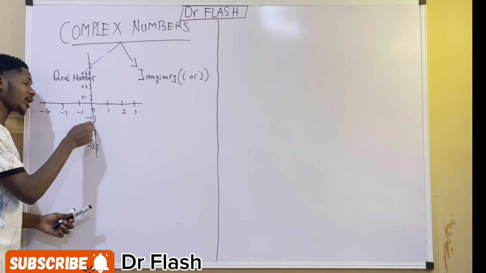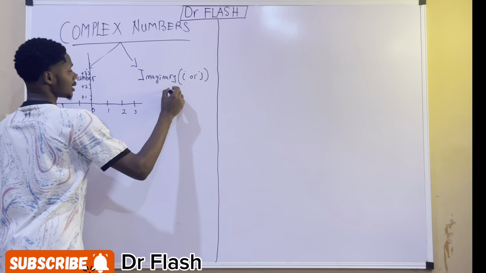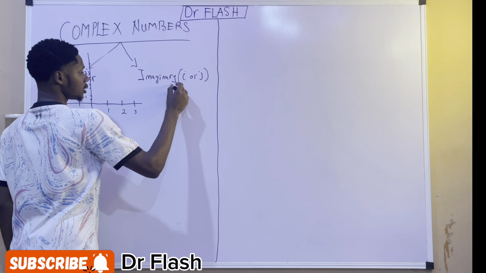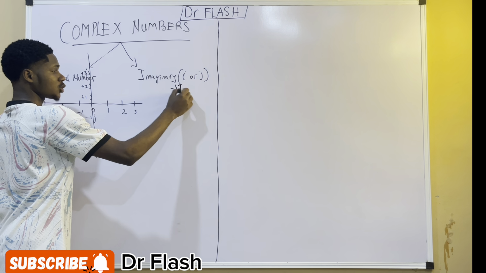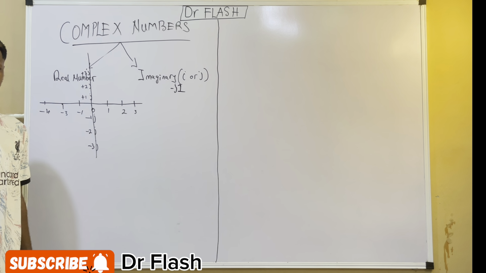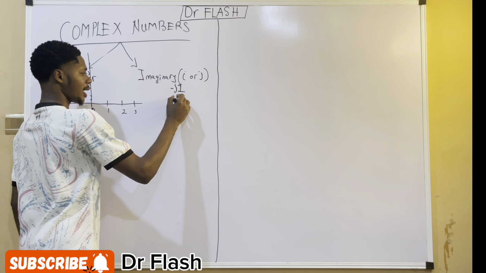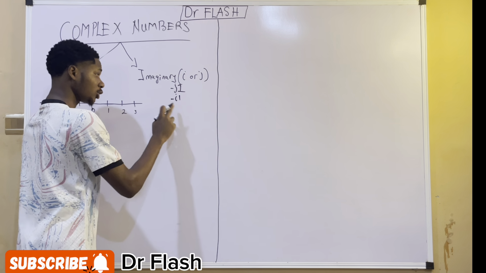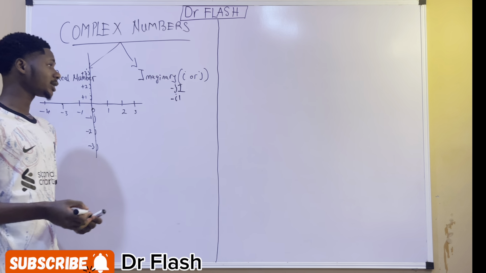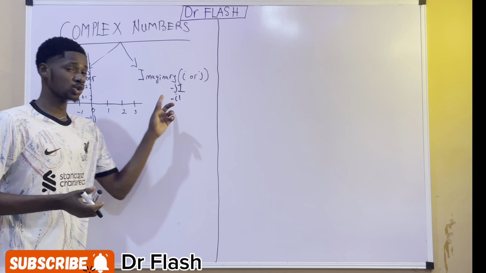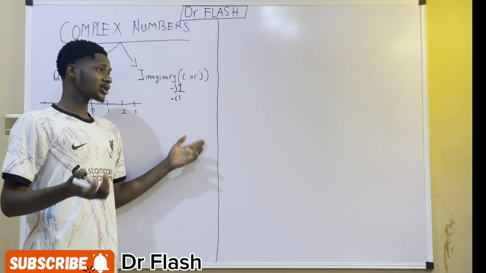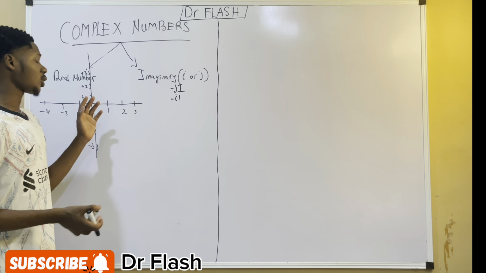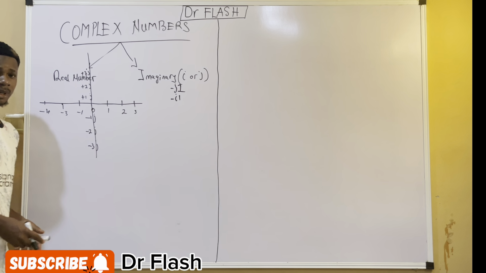So instead of writing -1j, we might want to write it as -j1, or rather -i1. You might not find -i1, you might find -1i, because I is the most common. Most persons don't bother writing it in front. The question will definitely tell you if it is a question under imaginary or complex numbers.